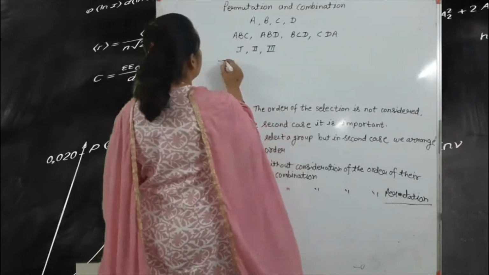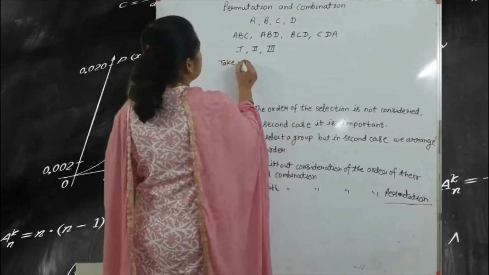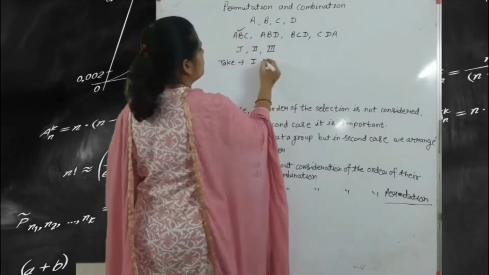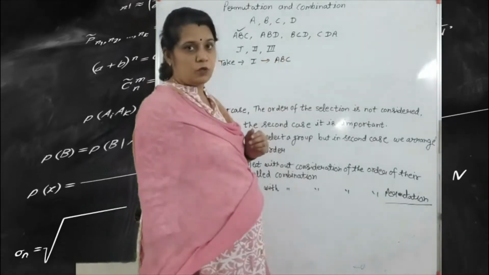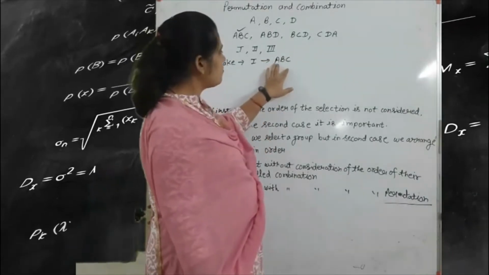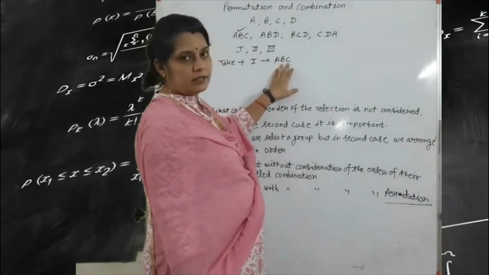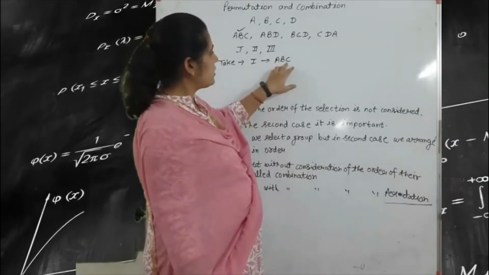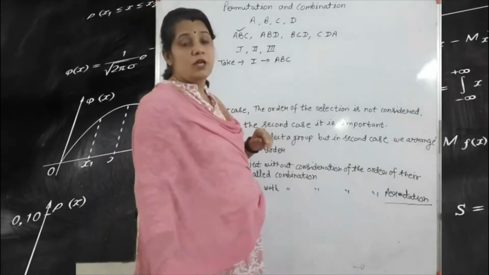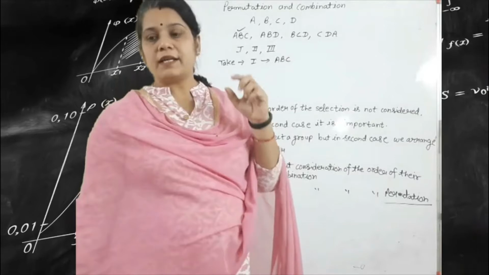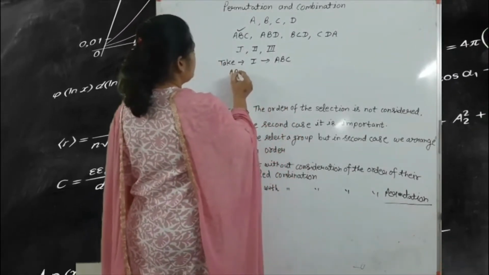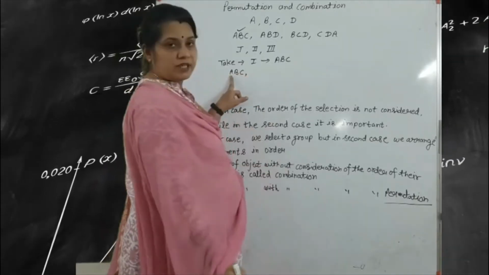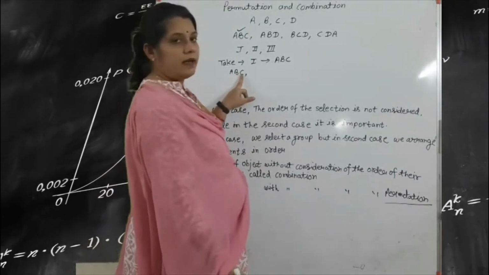For example, we take the first group, A, B, C. If we assign first, second or third rank within this group, how many arrangements are there? The first one is A, B, C, that means first rank, second rank, and third rank.